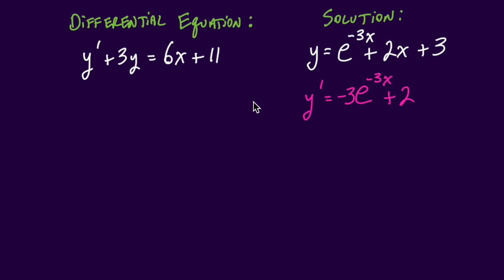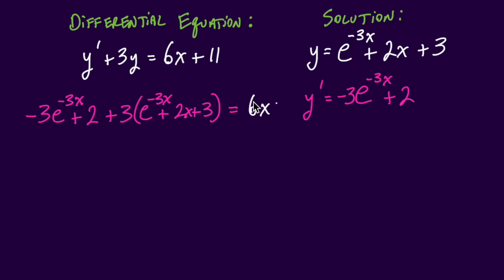So now we do not need to take the second derivative here, so let's go ahead and substitute what we have. Here is our first derivative of our proposed solution. We're going to add that to 3 times our proposed solution and see if we do indeed achieve the right side of the original differential equation, thus establishing an identity.